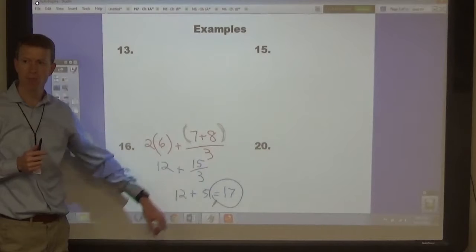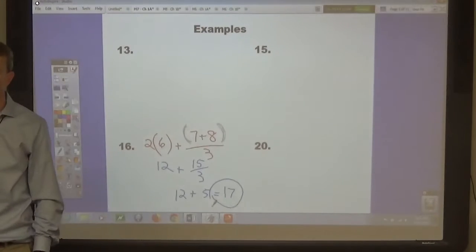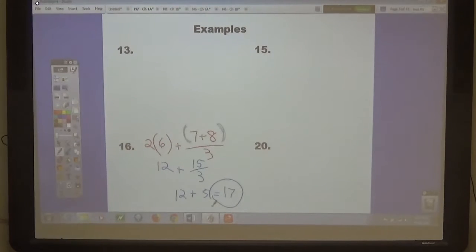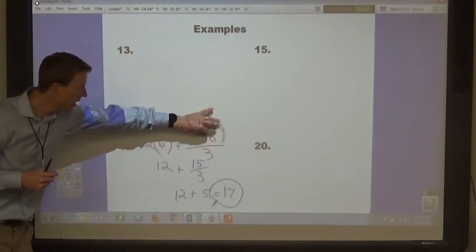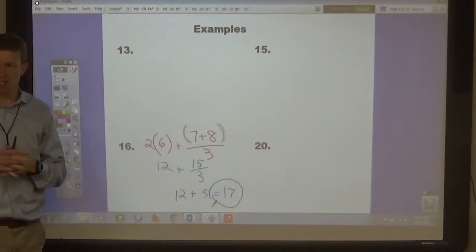You have to have proof of your answer. But in the other one that you did last time, you said because multiplication and division are in the same step, we don't have to show it. So why can't we just do 12 plus 5? Because you're doing 2 steps at once then. You're adding and dividing, and that's not in the same step. Adding and dividing are not in the same step.